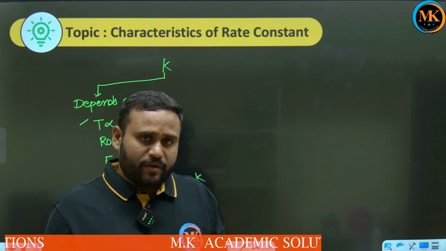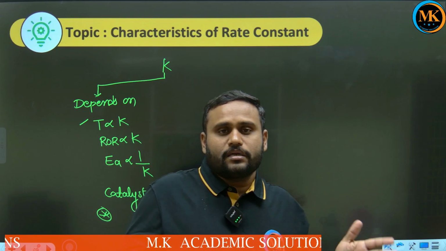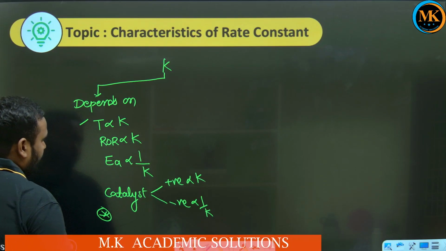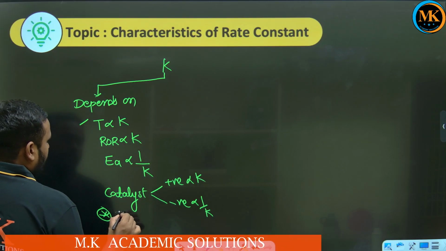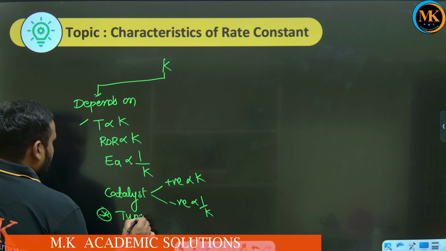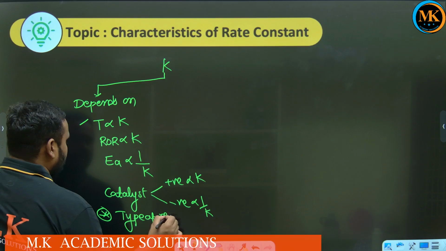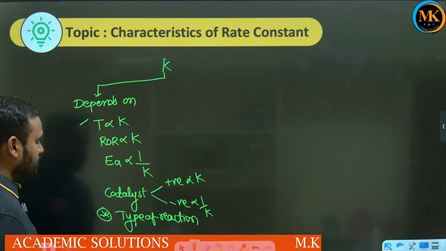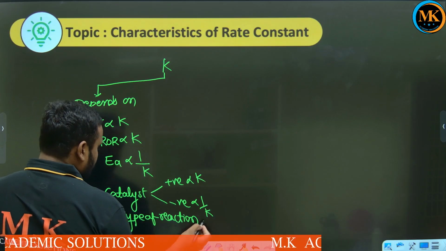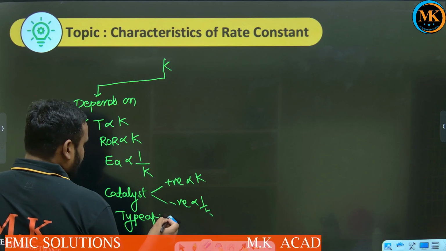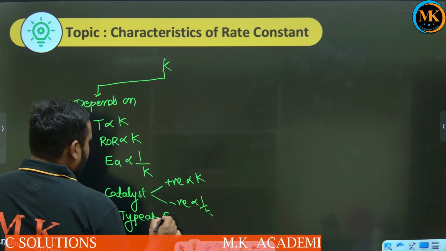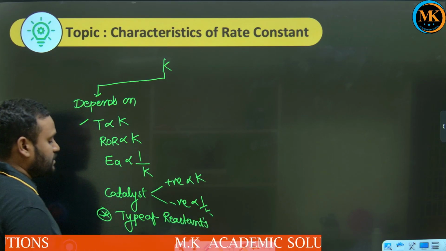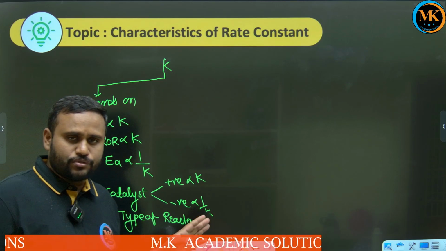If the reaction changes, the rate constant value also changes. Therefore it depends on the type of reaction, or the type of reactants. If the reactant changes, the rate constant is also going to change.